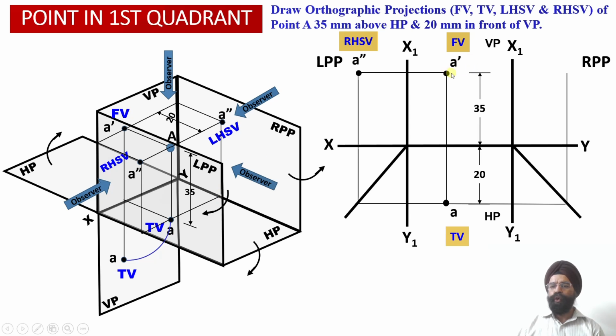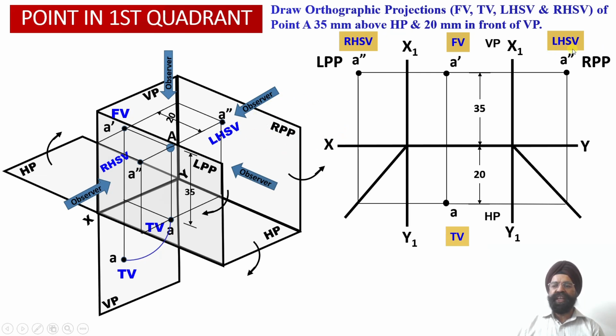So through point A dash, if we draw a horizontal projector line, wherever it intersects with the vertical projector line we obtained through this point A, this intersection point provides the location of point A double dash, which is the left hand side view projection of this point A onto the right profile plane.